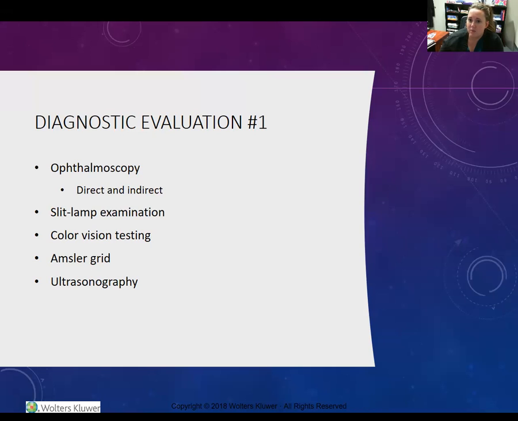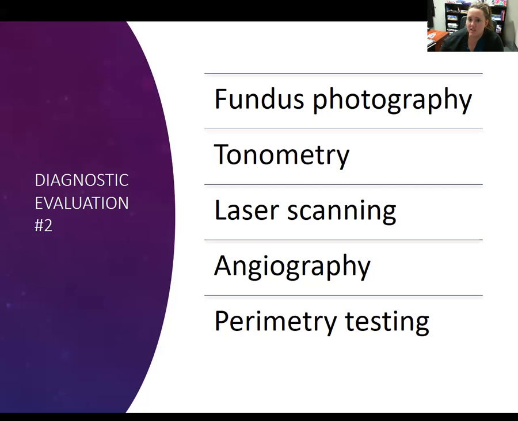And it's where you have the patient look at this grid, these line grids. And if they look at it and the lines are wavy instead of straight, then they're having problems with their macula. So that's like the earliest, easiest detection test that you can use for macular degeneration. It's called the Amsler grid. So those are just some different types of additional tests.